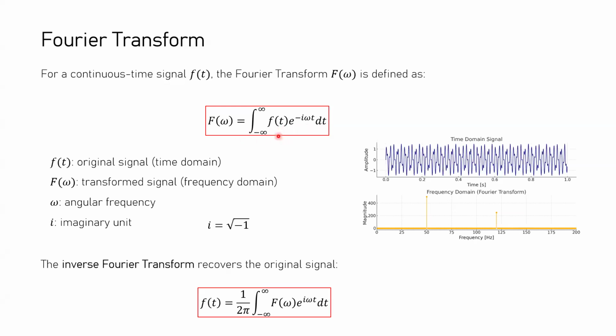This is integrated from whole time domain. Here, omega is the angular frequency and i is the imaginary unit. i is equal to square root of minus 1.